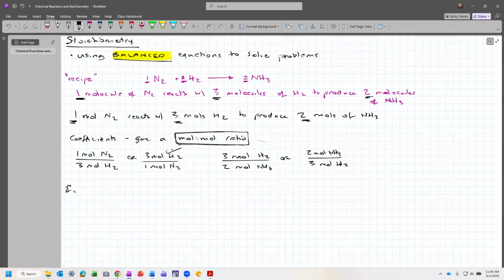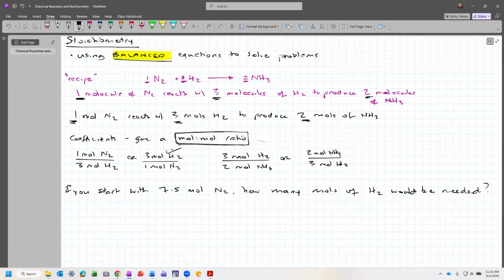Let's take a look at an example. So if you start with 7.5 moles of N2, how many moles of H2 would be needed to react completely?